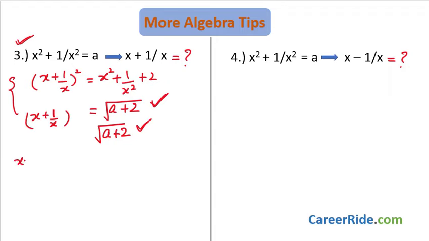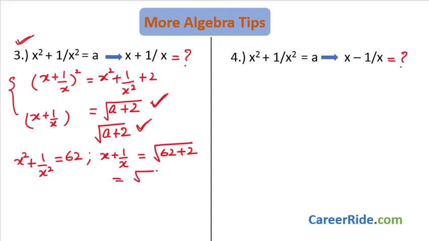Suppose x square plus 1 upon x square is given to you as 62 and you are expected to find out the value of x plus 1 upon x. What would you do? You would simply take this 62, add a 2 to it and take the square root, right? So it is equal to square root of 64 which is equal to 8, right? You can check. This is what it will come out to be.